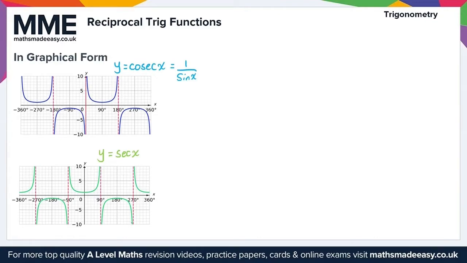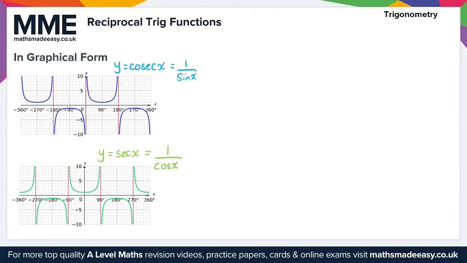This is simply because cos x is equal to 0 at these points. Using our reciprocal definition, this is 1 over cos x, and in that case this would be where cos x is equal to 0 at these points. So x equals minus 270 degrees, x equals minus 90 degrees, x equals 90 degrees, and finally x equals 270 degrees.